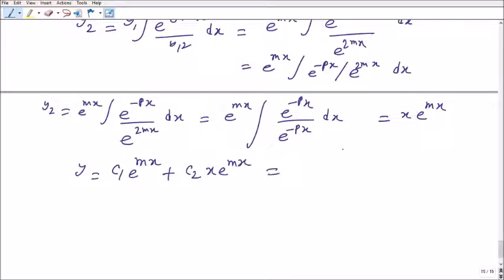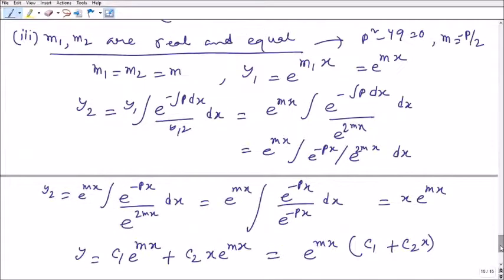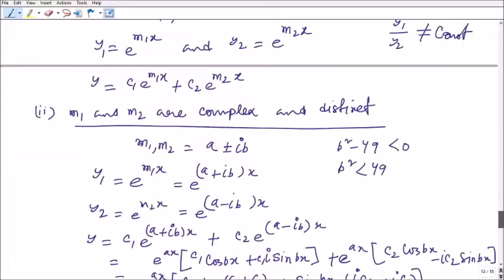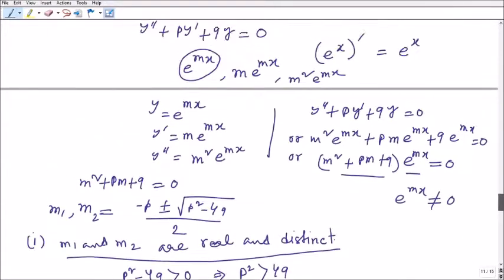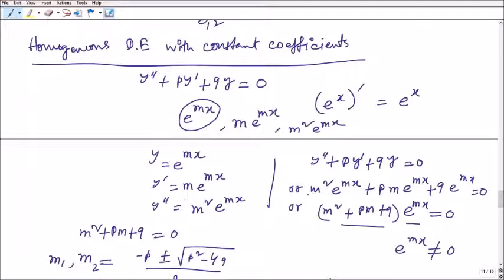So we can write e to the power mx into (c1 plus c2x), which is the general solution of a homogeneous differential equation with constant coefficient when the two roots of this equation are equal.